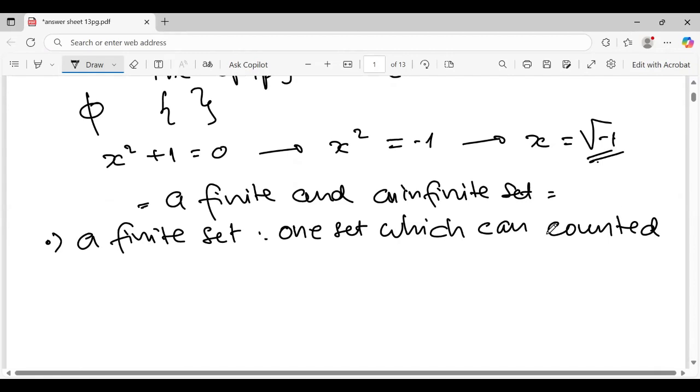I mean, the members or the elements we can count.